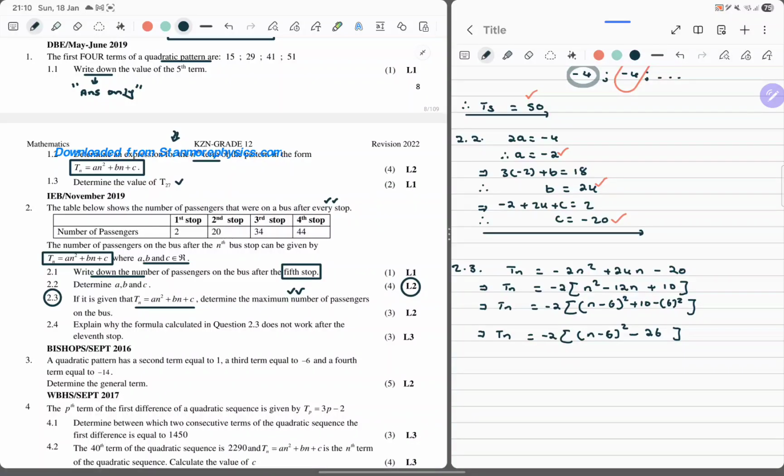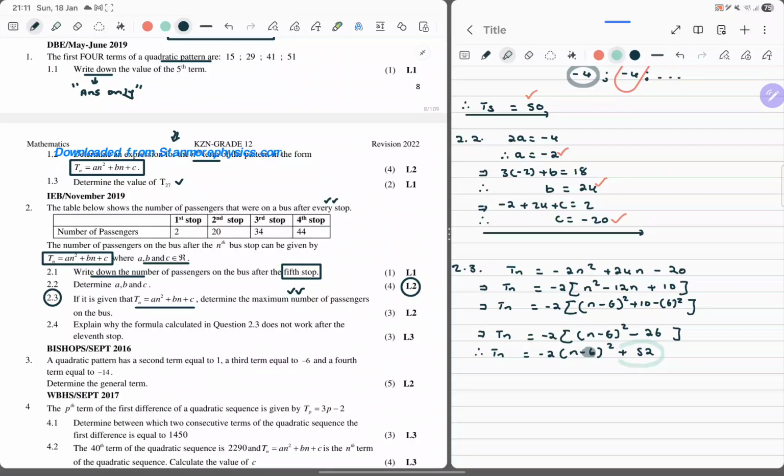Right, and then we redistribute this, so we can say therefore T sub n is minus 2 into n minus 6 all squared plus, this times 2 is going to be 52. Now we look again. Do we see a whole number here? Yes. So what is our maximum?